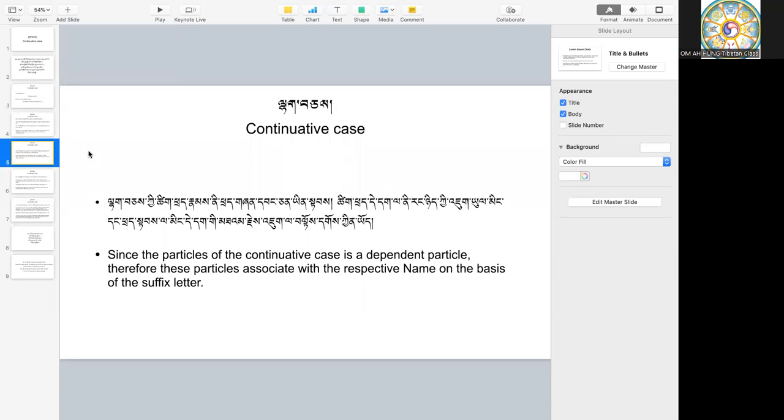Similarly, we are going to discuss the same for the continuative case. Since these are dependent particles, they associate with the respective name they follow, on the basis of the suffix letter.